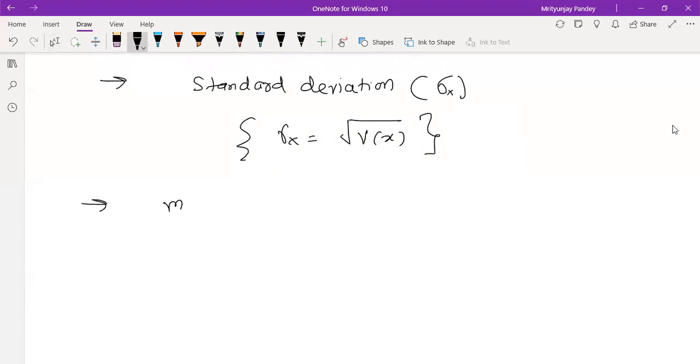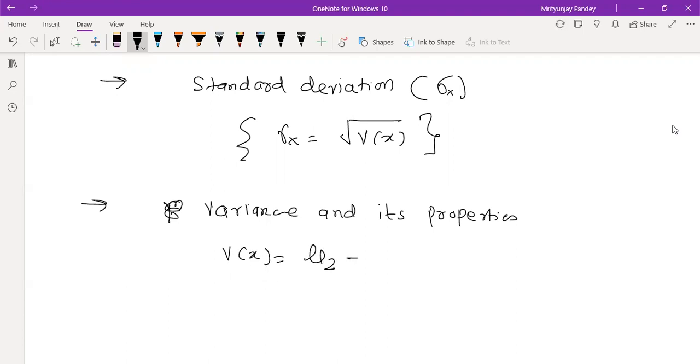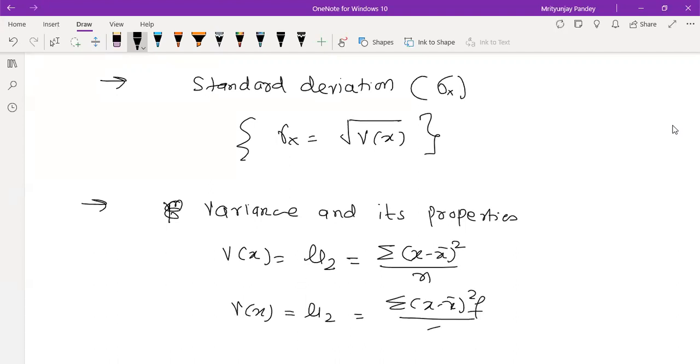Now the properties of variance. So what is the definition of variance? That is mu2, and for mu2 there are three formulas: summation of (x minus x bar) whole raised to 2 divided by n, or variance equal to, second formula, summation of (x minus x bar) the whole square into f divided by summation f.